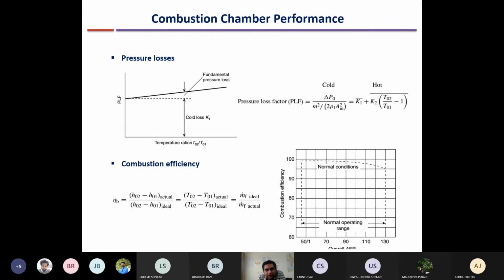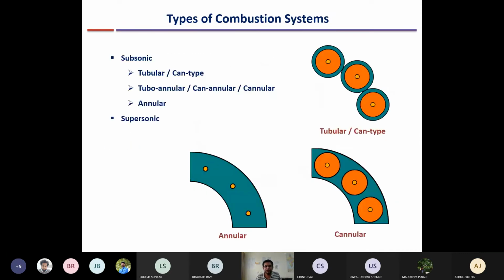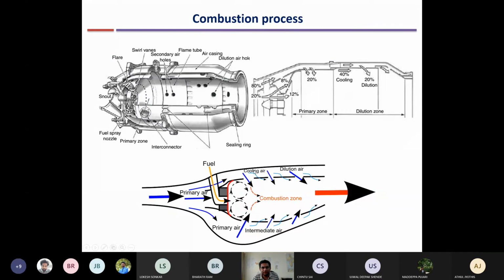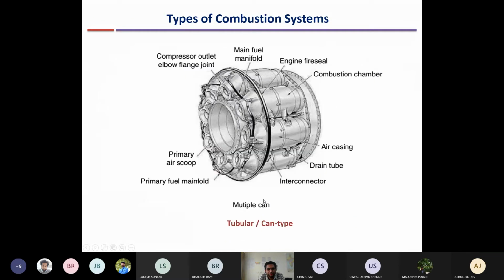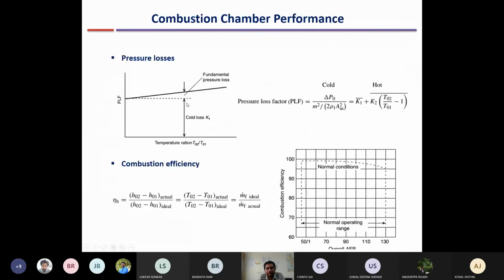Because even when combustion is not occurring, say we have a test combustion chamber, and we pass some air in a similar manner as shown here without injecting fuel, without igniting, we will find that a similar amount of loss occurs because of friction, recirculation and all these things. So it is present even when the mixture is not burning. As a result, it is called cold loss and is the most important part of pressure loss.